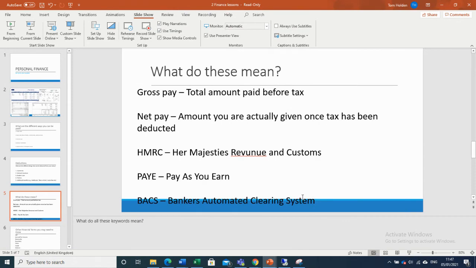So back in the day, they used to pay you in an envelope, or they just gave you the money. Quite a long time ago, that changed to BACS, where your employer would pay straight into your bank account. Okay, and that's run by the Banking Association. Okay, so that's pretty much it for pay slips.